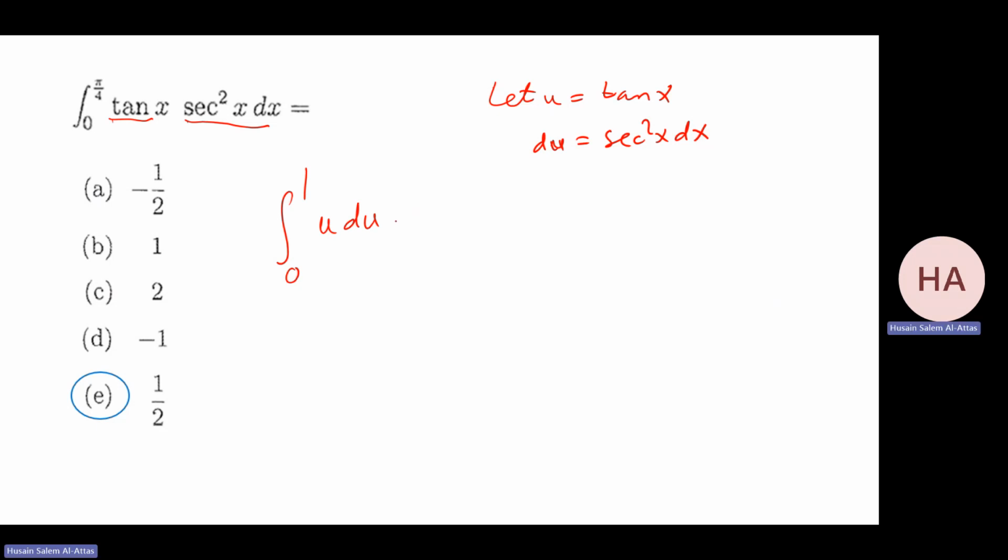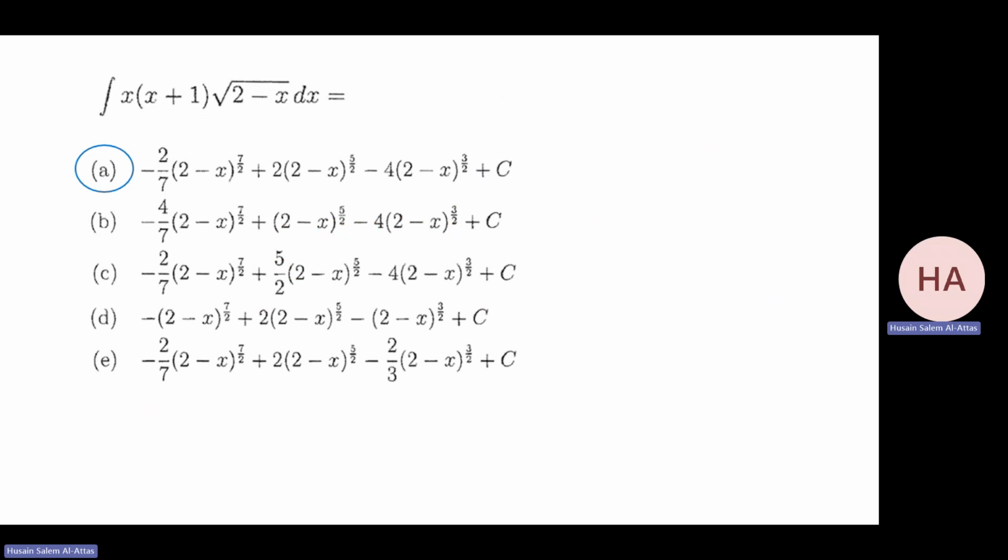That gives me what? u squared over 2 from 0 to 1, that will be half minus 0, which is half. This one, this will be my u. Why? Because I cannot take the square root outside unless it's a square root of u. This one I can't control. Also, it has some fractions or something. I can't deal with it.